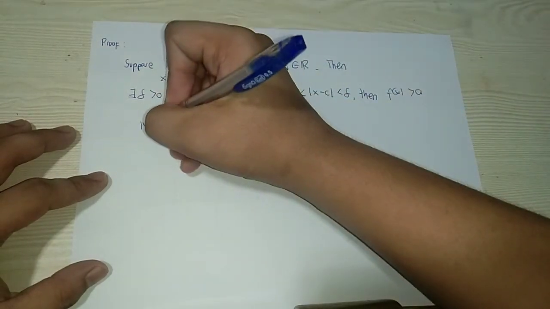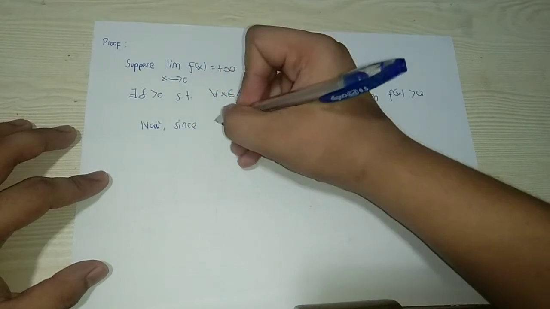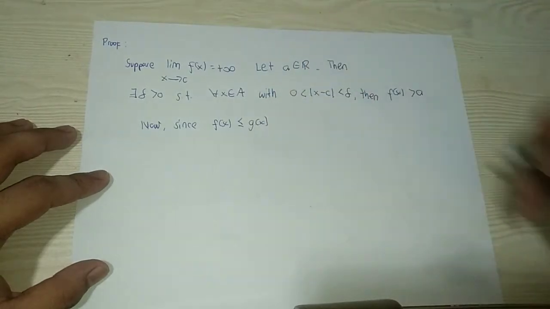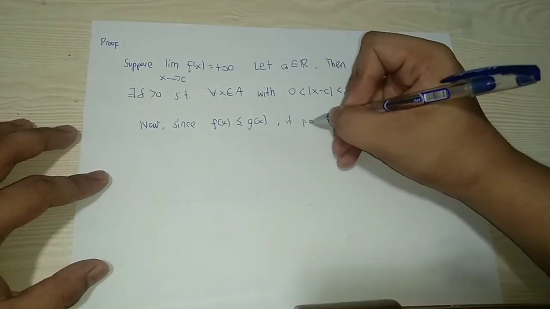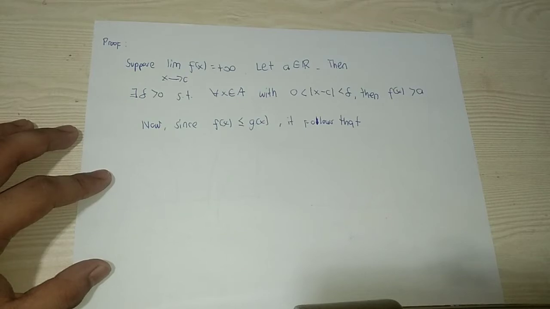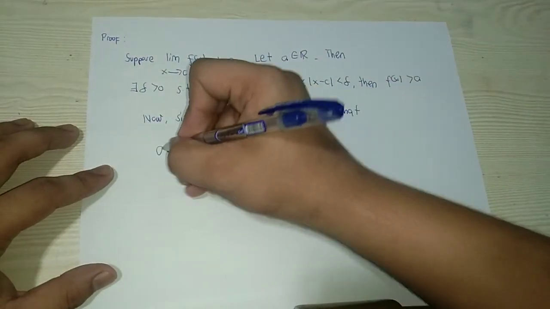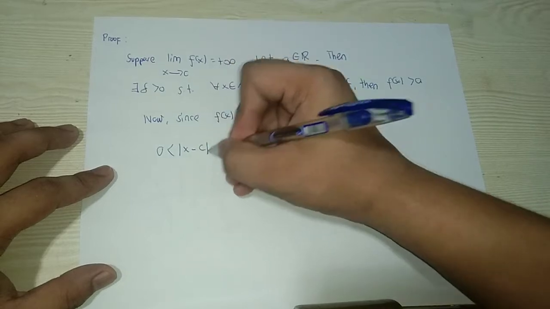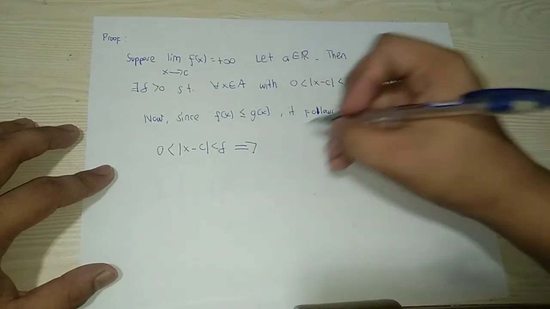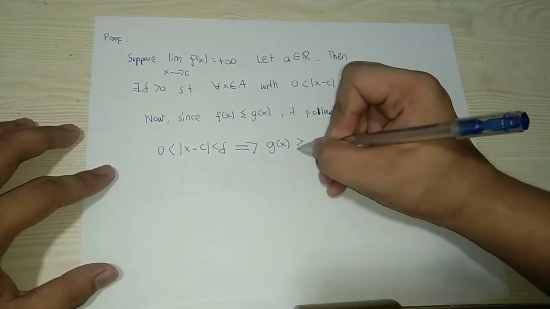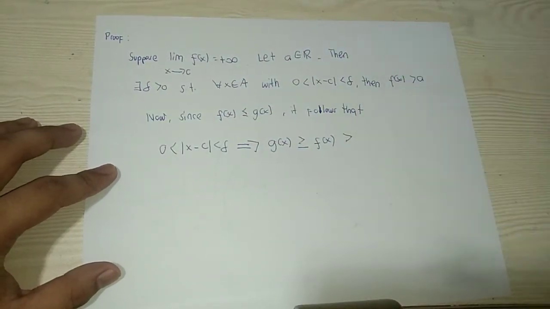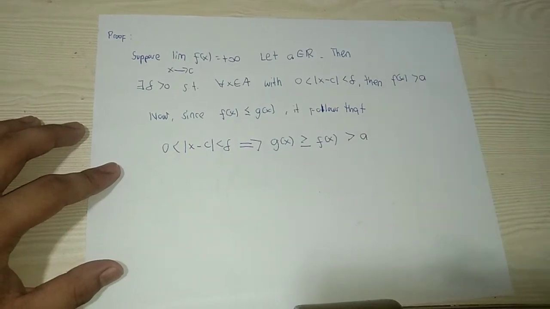Now, since yung f of x natin mas maliit or less than or equal sa g of x, so it follows that for 0 less than absolute value of x minus C less than delta, eto yon. This implies yung g of x which is greater than or equal sa f of x is greater than A. Okay?